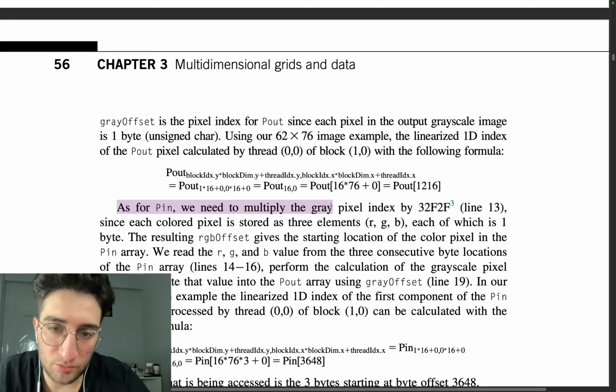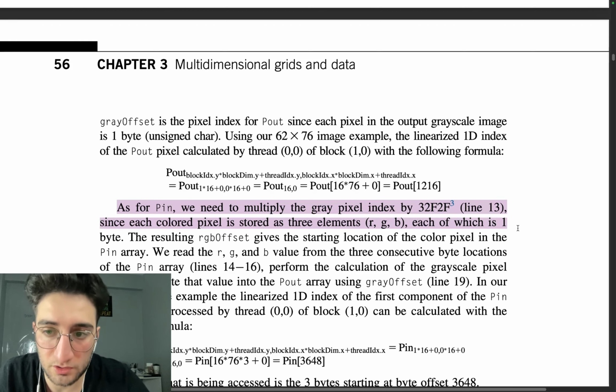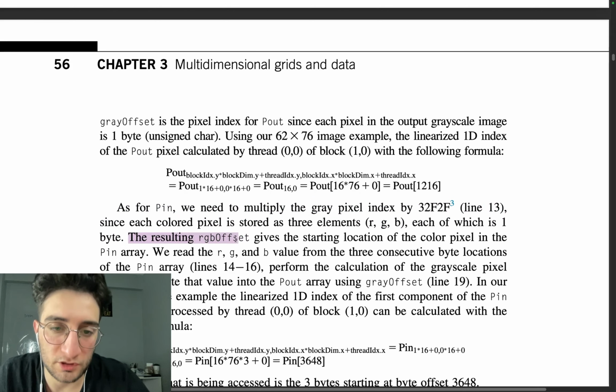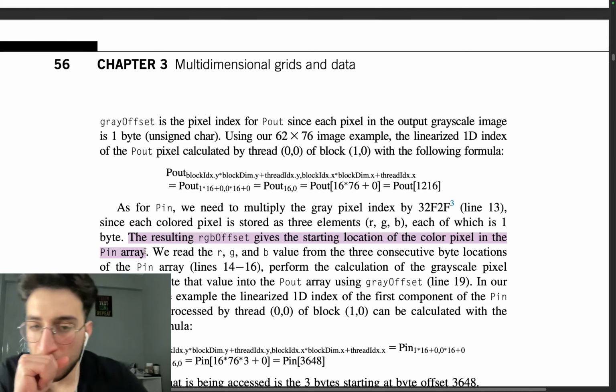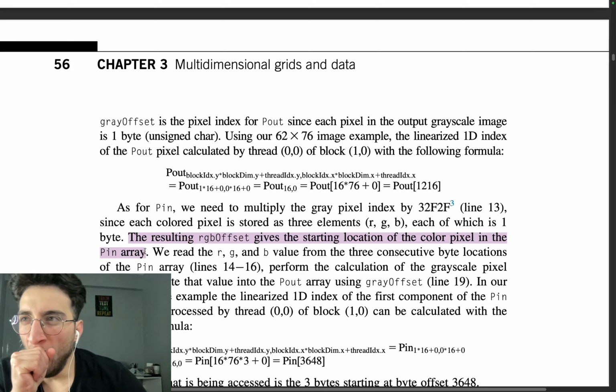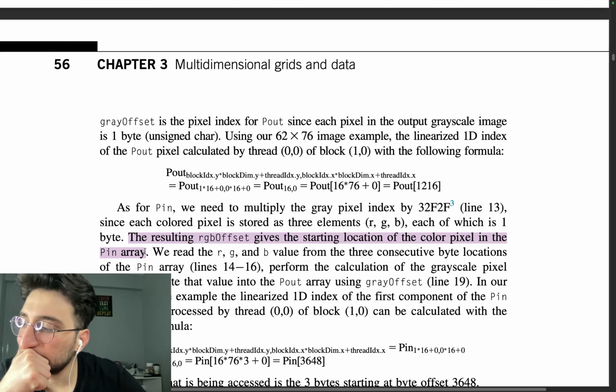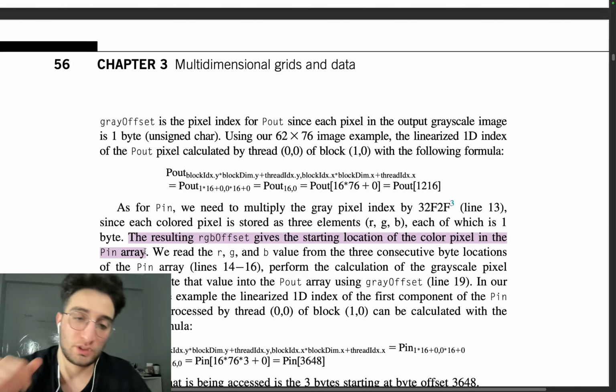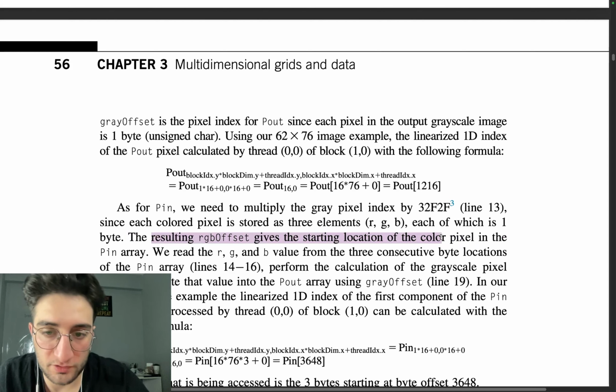As for p in, we need to multiply the gray pixel index by 3, since each color pixel is stored as 3 elements, each of which is 1 byte. The resulting RGB offset gives the starting location of the color pixel in the p in array.